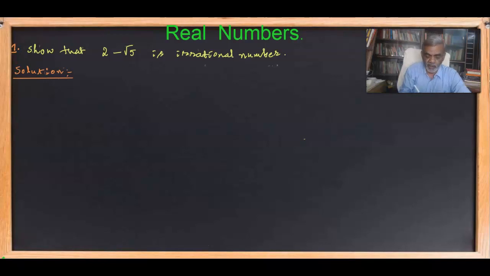Now, if possible, assume that 2 minus root 5 is rational.